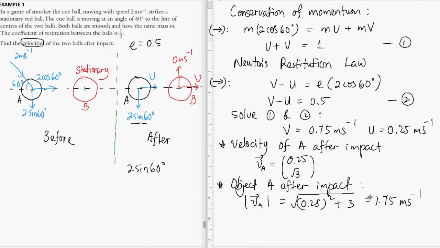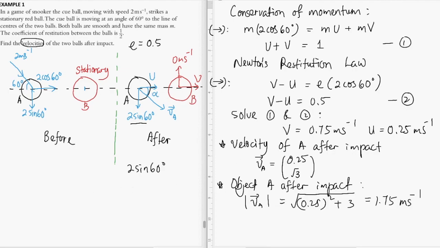At the same time we have to identify its direction. You can see from this diagram that it has a direction somewhere here. This is the speed of A, and it makes an angle alpha to the horizontal.